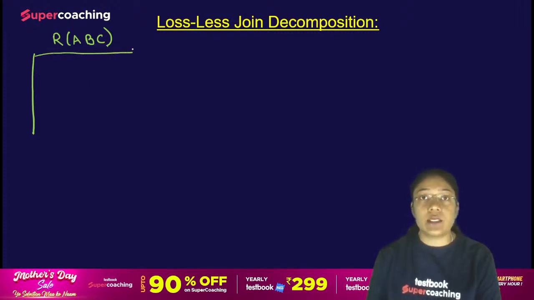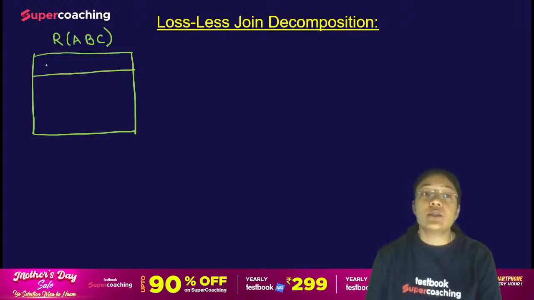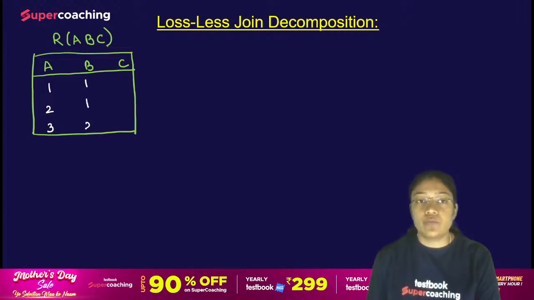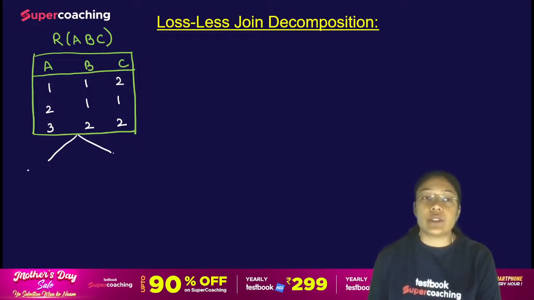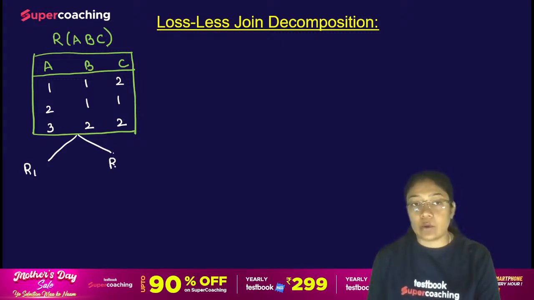I'm just considering the data only for the understanding purpose. In the exam it is not required, but I want to give you a reason, so that's why I'm considering the data. Okay, so this is the relation R with three attributes, and let us assume that the data is 1 2 3, 1 1 2, and 2 1 2. Let us assume that this is the relation, and this relation R is decomposed into two sub-relations, R1 and R2.